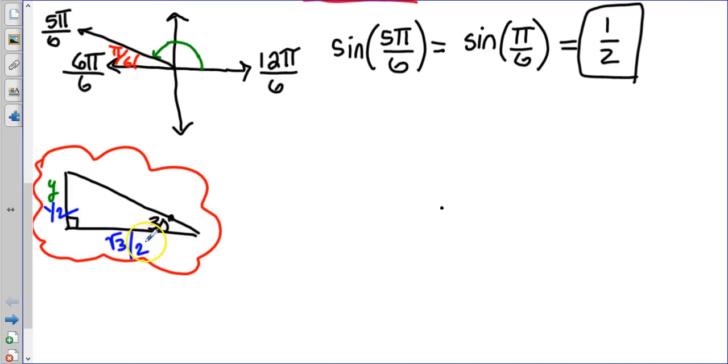All of those things come to my brain, and I say cosine would be the long side, which is root 3 over 2. So if sketching these triangles helps, do that until it's concrete. Until when you see this, you're thinking this.